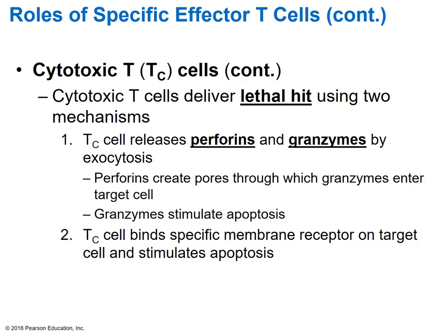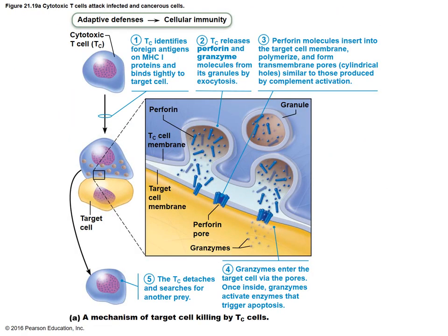They create a pore, and then granzymes are going to move in through that pore and basically trigger apoptosis, once again, cell death. So the cell's going to lyse. Also, the cytotoxic T cells have specific receptors on the target cell that can also trigger cell suicide, if you will.